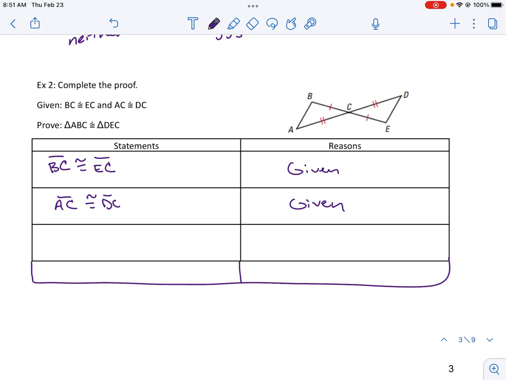We also know that the prove goes in the bottom statement. So triangle ABC is congruent to triangle DEC. So we already know that. So now looking at this, we're going to have to use our proof help at the very end.